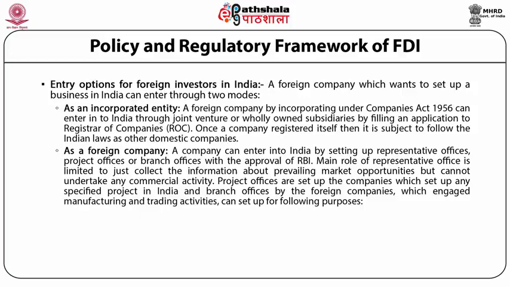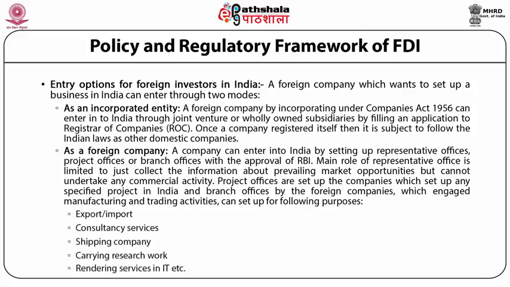Project offices are set up by companies which set up any specified project in India, and branch offices by foreign companies which engage in manufacturing and trading activities can be set up for the following purposes: export and imports, consultancy services, shipping company, carrying research work, rendering services in IT, etc.